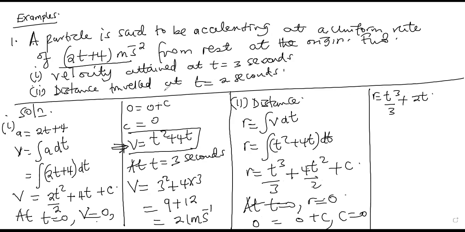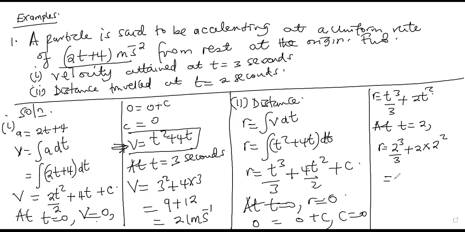But they want us to find the distance when time is equal to 2 seconds. So at t equals 2 seconds, r is equal to 2 cubed over 3 plus 2 times 2. No, I forgot a square here. So it will be 2t squared.